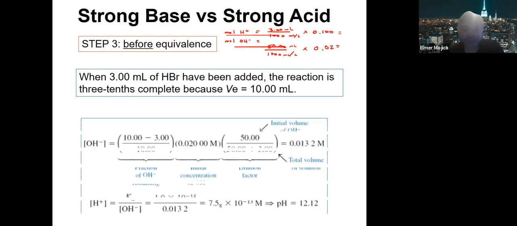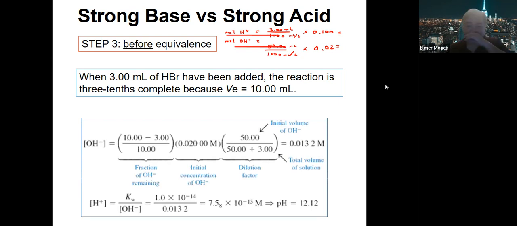Well, I leave it up to you which one you want to solve, as long as you know the correct answer. So 3 divided by 1,000 times 0.1, you have around 3 times 10 to the negative 4.